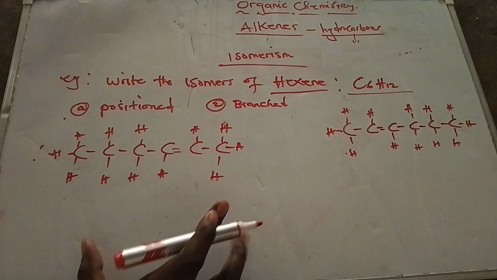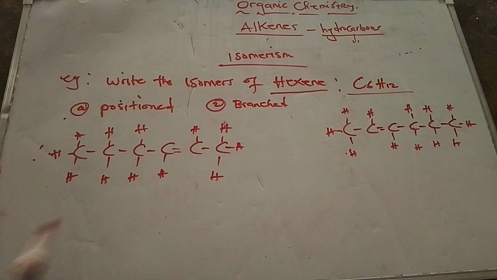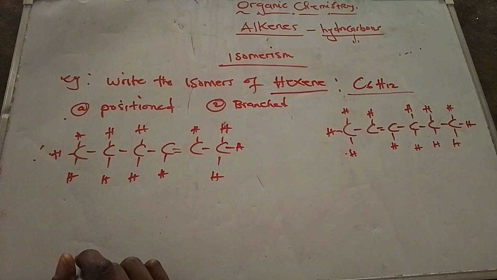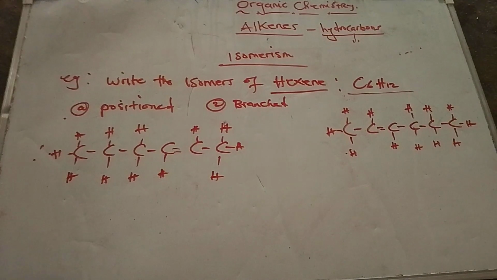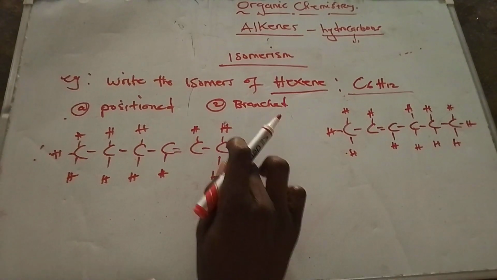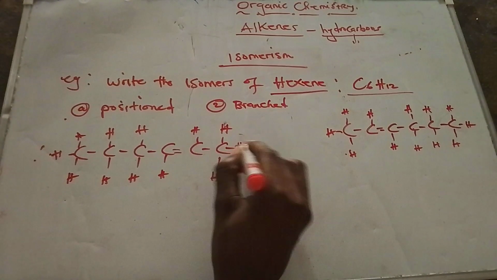Now, after you have written an isomer, you also need to write the correct name according to what you have positioned. This is where you need to understand this type of isomer.